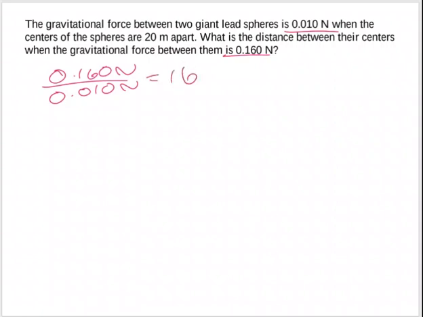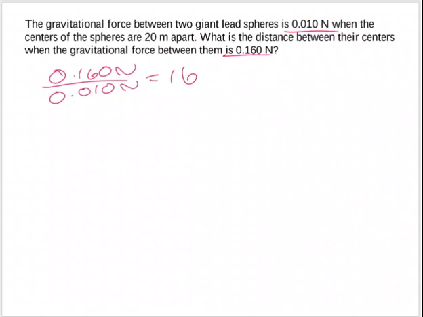So this is a scale factor of 16 times. This is acting like the y that we were just talking about. I increased y by a factor of 16, which means that x must have been decreased by a factor of 1/16.